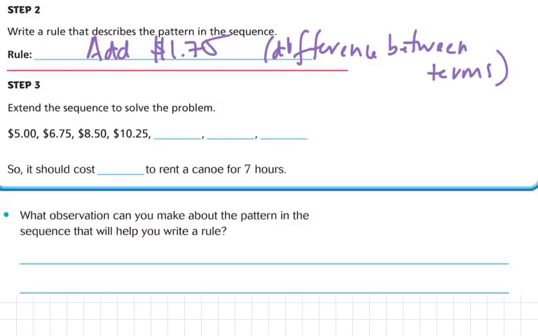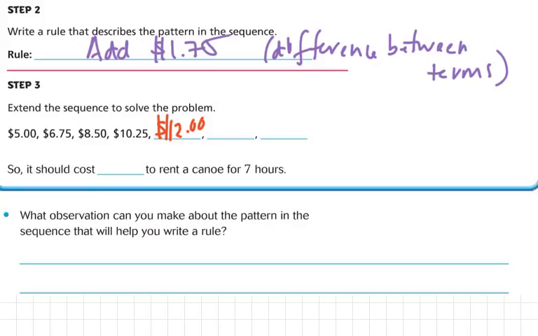Next, step 3, extend the sequence to solve the problem. That means that we're going to keep using the sequence till we count up to 7 hours. So when we look at that, boys and girls, if we're going to subtract, we can also add. If we add $1.75 to $10.25, we would get $12.